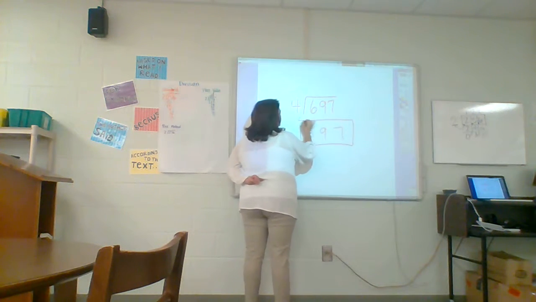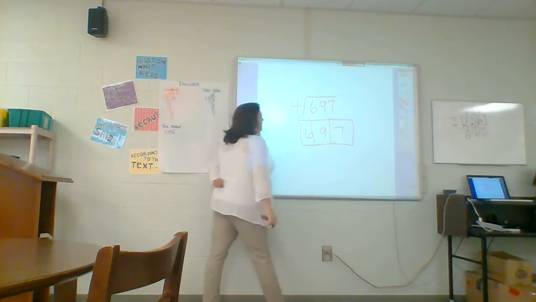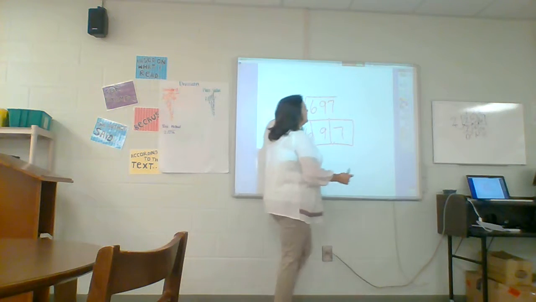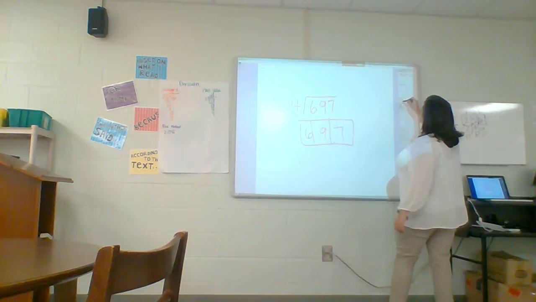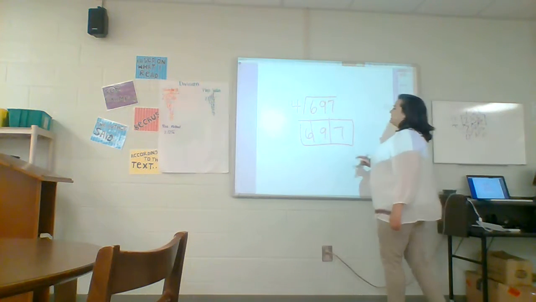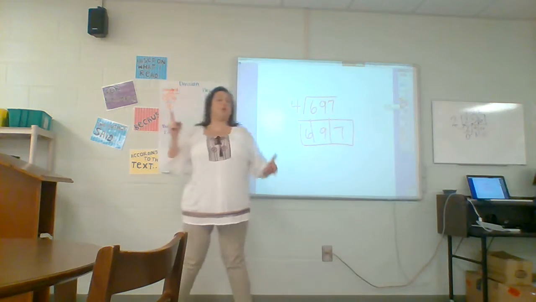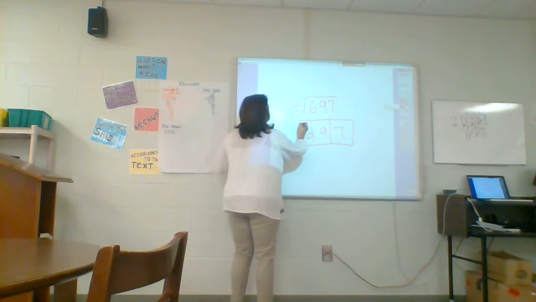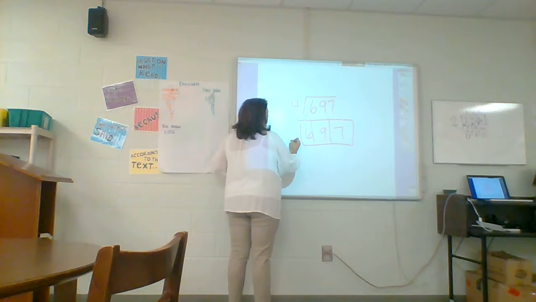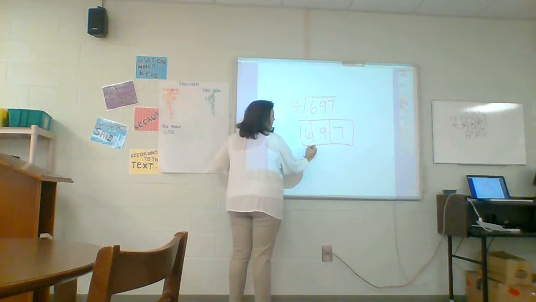I'm going to think about this digit by digit, and I'm doing 4. So is there anything I can multiply by 4 to get 6? 1. Okay. So I'm going to put my 1 up here, and that gives me what? 4. I'm going to subtract, and I have what? 2 left over. So now I'm going to move my 2 up here.